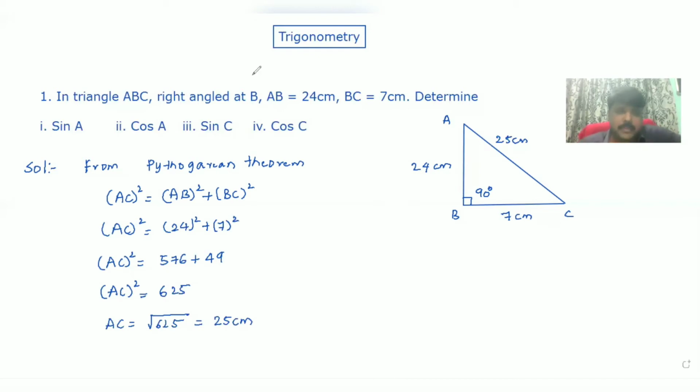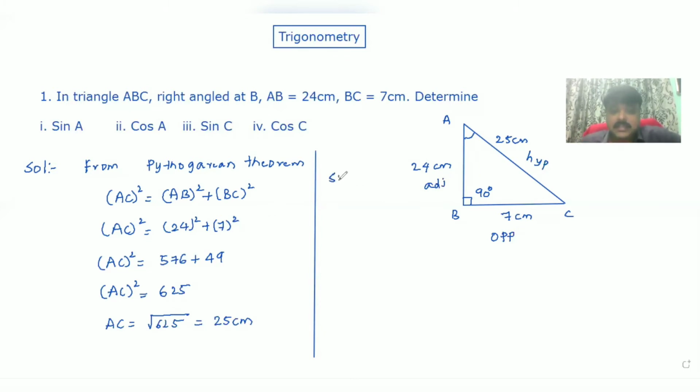What did he ask us to find? Initially, he asked us to find sin A. For this angle A, this is the hypotenuse anyway, BC becomes the side opposite and AB becomes the side adjacent.